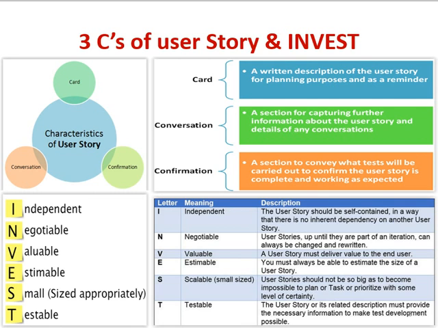When we talk about user stories, Agile has a few terminologies which will give you a quick briefing about a user story and help you remember the prime characteristics of user stories. So how should a user story be? We have to keep 3 things in mind, the 3 C's. The first C is card, the second is conversation, and the third is confirmation.